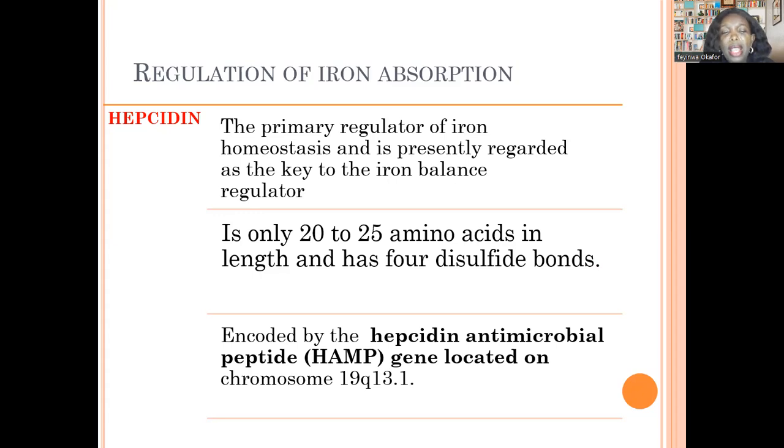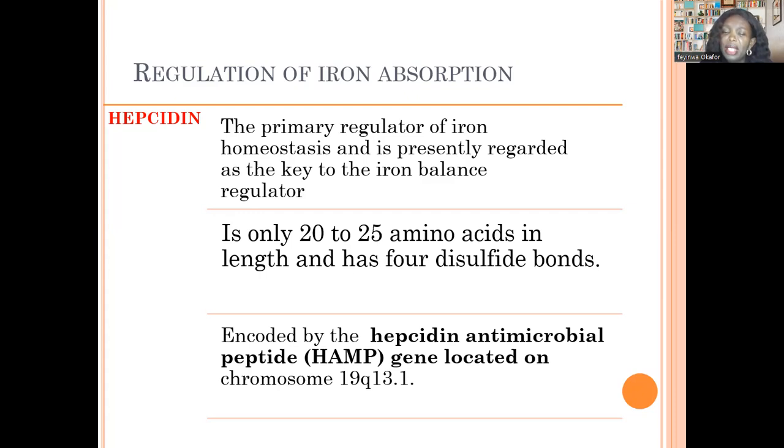Hepcidin is made up of about 20 to 25 amino acids in length and has 4 disulfide bonds. It is encoded by a gene called the hepcidin antimicrobial peptide gene.